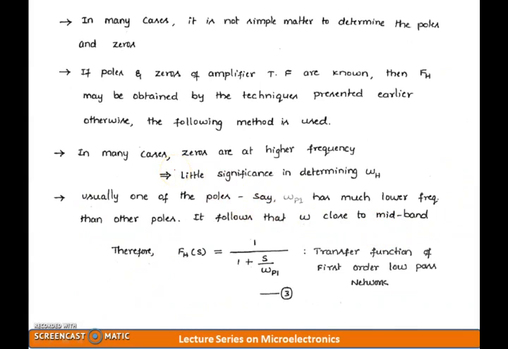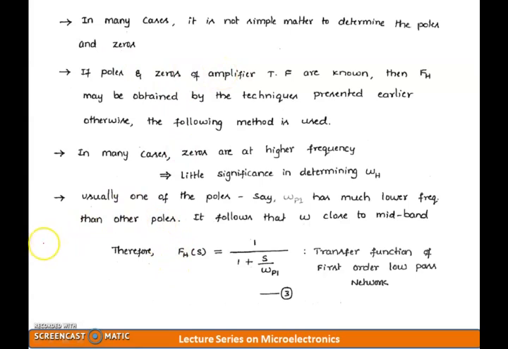Now in many cases it is not a simple matter to determine the poles and zeros. To determine the poles and zeros, then identify which is the dominant pole, and then figure out that the dominant pole's frequency will be the upper cutoff frequency, takes a lot of manual work. I need to analyze or determine the poles and zeros using different techniques, then determine the dominant pole, and from that determine the upper cutoff frequency.